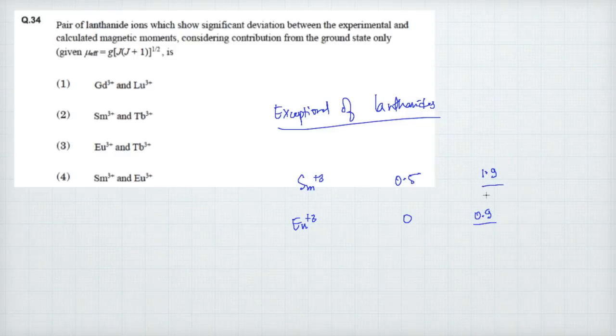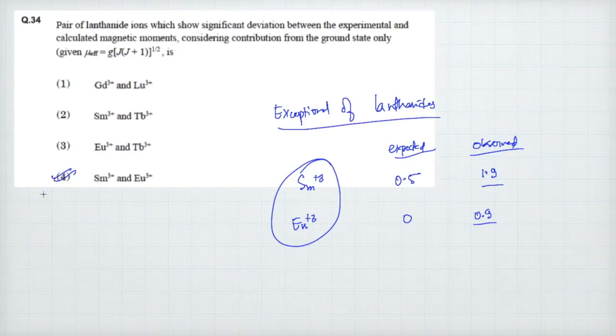So this is expected and this is observed. These are the two lanthanides for which the observed values are much higher than the expected values. It was a very direct question from the lanthanides and actinides notes. So the correct answer is option number 4.